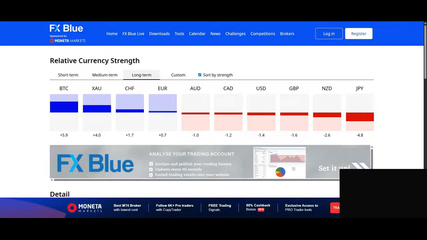I think I'd written yesterday sell to buy, but today we're just buying GBP JPY. GBP JPY is ticking. Sell now.